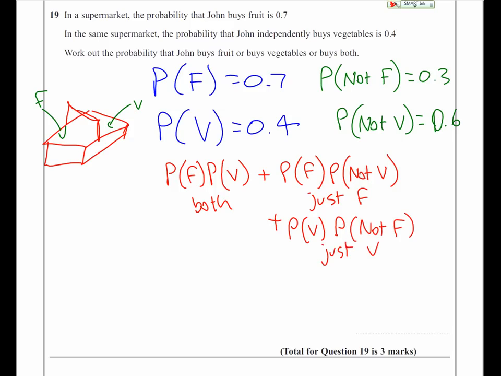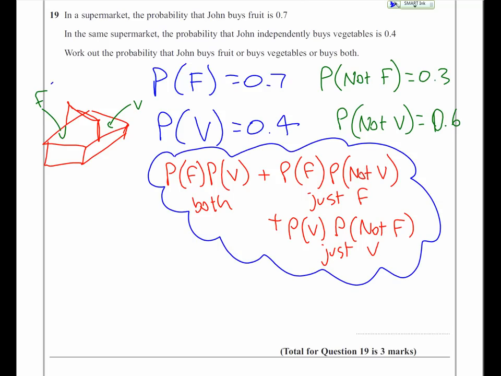But I want to show you a quicker way, because that is every single possible option apart from no fruit, no veg. So if we do 1 minus probability of not fruit times the probability of not veg, that would do the job for us.